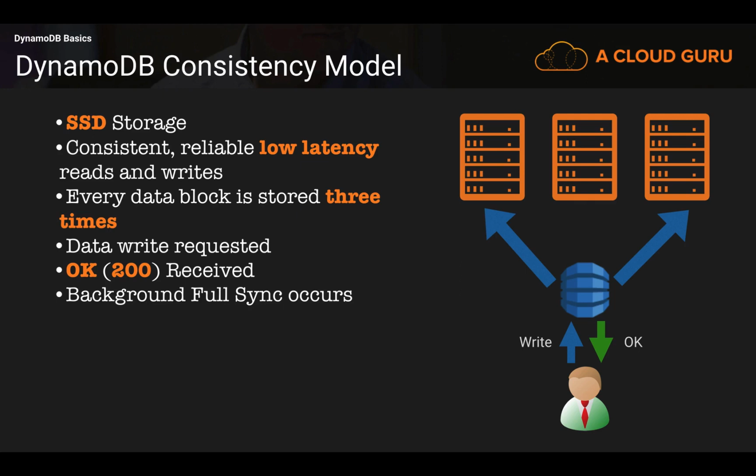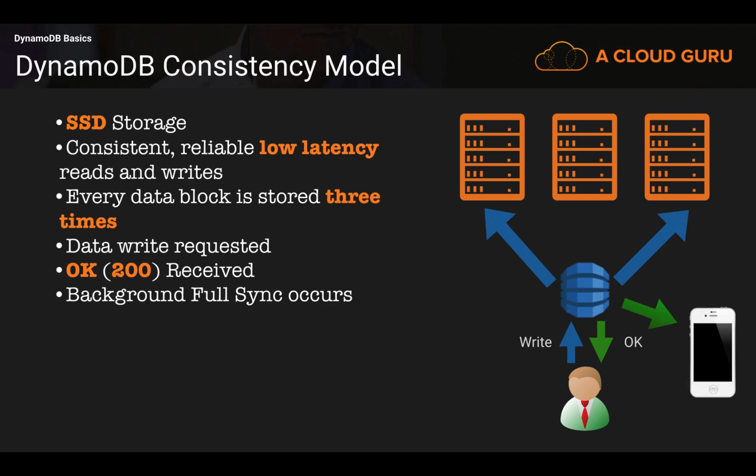Let's assume the write we discussed a second ago has occurred. Data has been written to and acknowledged by DynamoDB with a 200 response. The system is highly transactional, and in that same instant, or 100 to 200 milliseconds later, another application component, say a mobile device running in another part of the world, makes a data request for the item that was just updated.